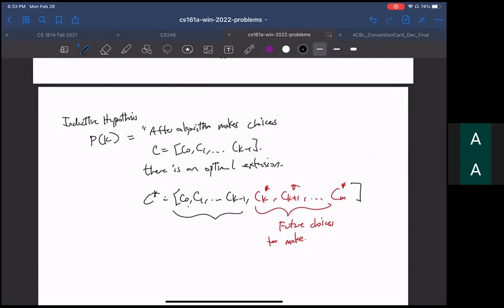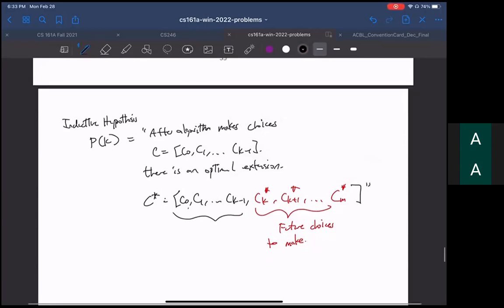If you make all the choices and you still have an optimal, then that has to be the optimal. You're done with all your choices. You've got the optimal. Okay, so this is the inductive hypothesis. And let's recall what optimal means: optimal means M is as small as possible, since we're trying to use as few shelves as we can.